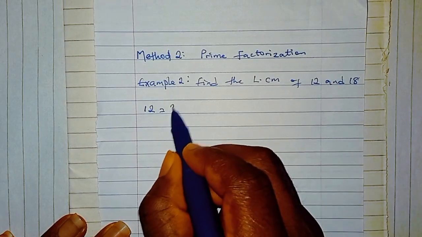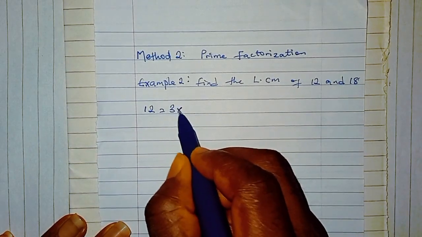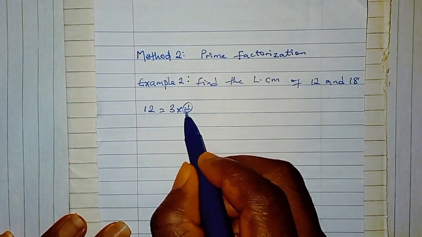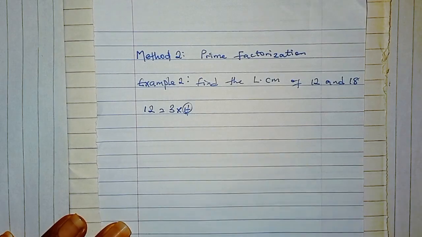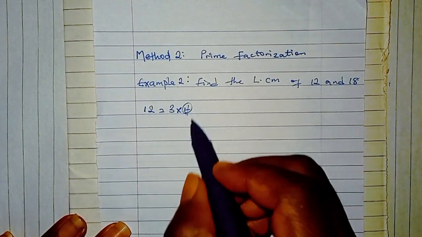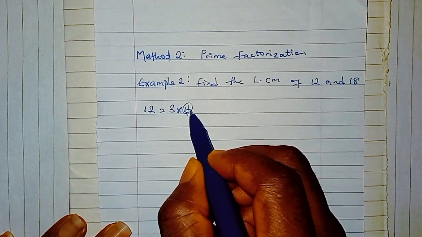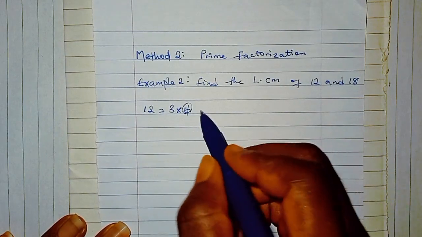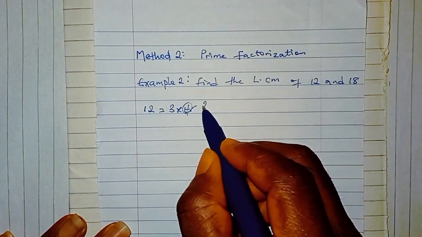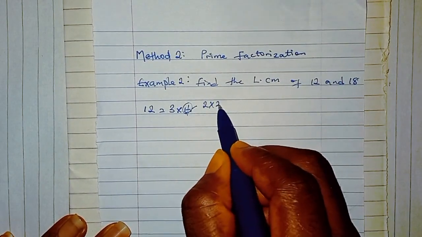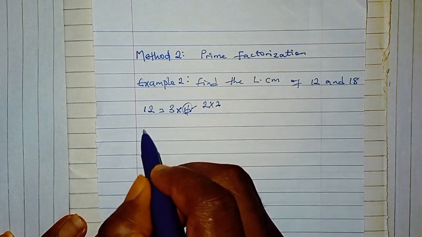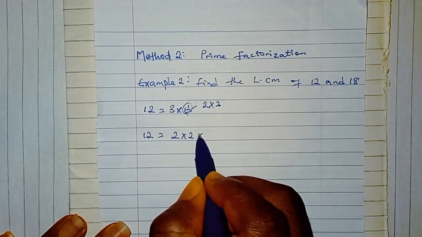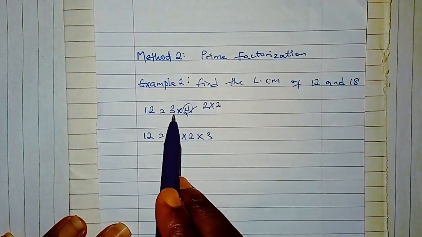And we have 3 and 4. Now if you look at this, 4 is not a prime number. So we are still going to break 4 down into its prime factors. And breaking it down, we are going to have 2 times 2. So for 12, we have 2 times 2 times 3.